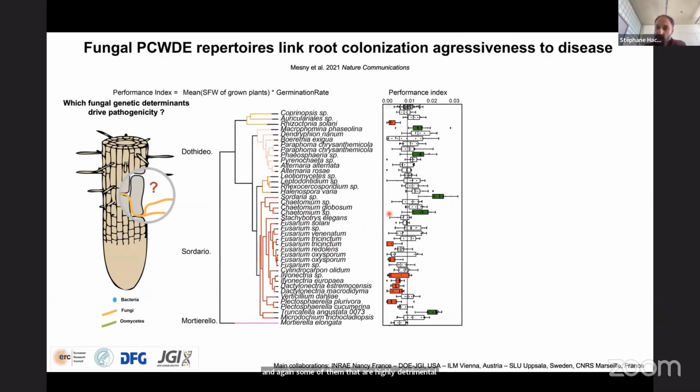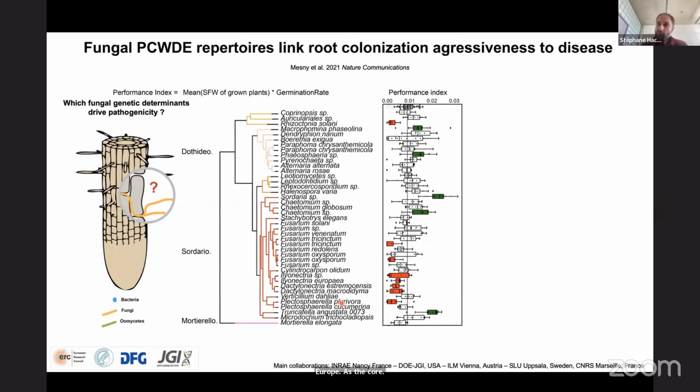But what I found remarkable is that the ones that are detrimental here in monoassociation experiments are the exact same ones that we identified across Europe as the core microbiota members of Arabidopsis, so Fusarium, Ilyonectria, or Plectosphaerella.